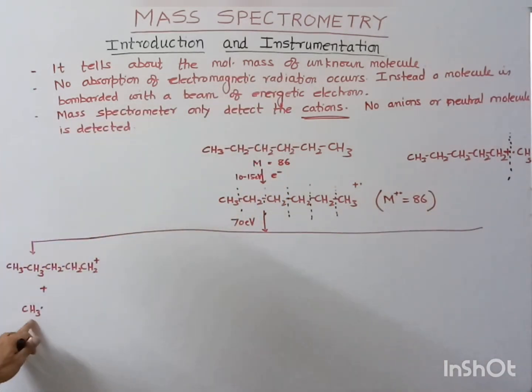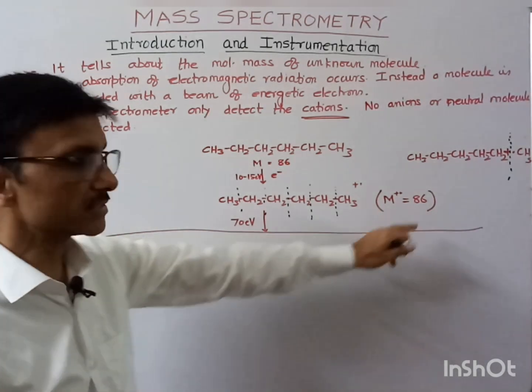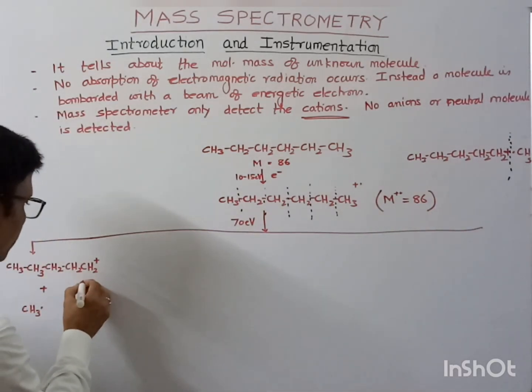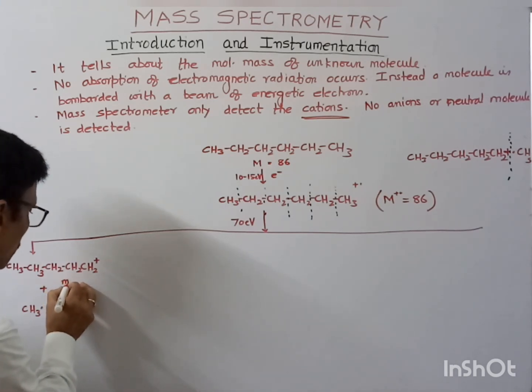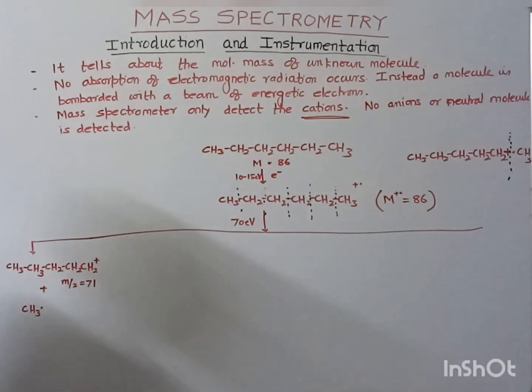Now subtracting 15, since the methyl radical has a molecular mass of 15, 12 plus 3, that is 15. Subtracting 15 from 86, we will get 71. So the m by z value for this will be 71.